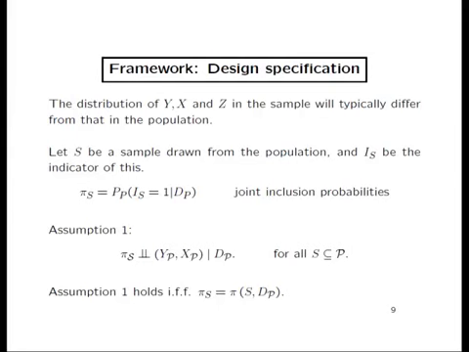So in particular, we assume this for all possible samples drawn from the population of interest. With a little bit of algebra, you can show this is equivalent to the statement that the inclusion probabilities are functions of the sample and the design variables alone, i.e. they're not functions of x and y. So it gives us determinism of the inclusion probabilities as functions of the design variables.